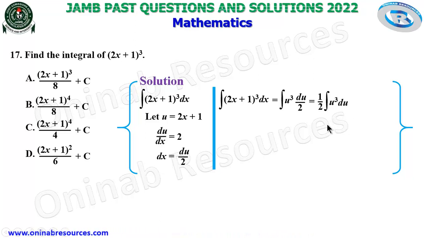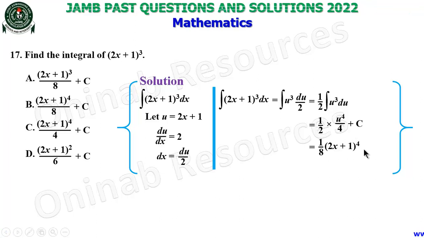Integrating u raised to power 3, I have 1 over 2 times u raised to power 4 over 4, then plus c, that is the constant of integration. Substituting back the value of u, we can multiply this 1 over 2 times 1 over 4, giving us 1 over 8 into 2x plus 1 raised to power 4, since our u is 2x plus 1, then plus c.